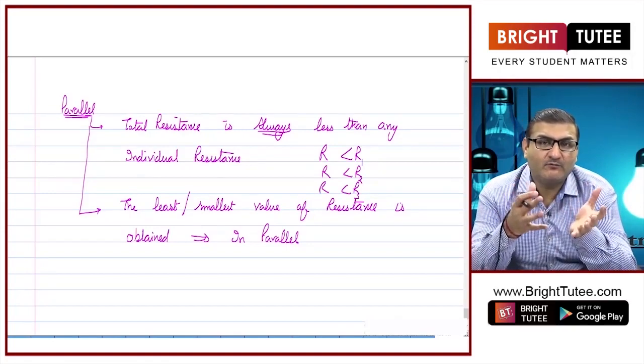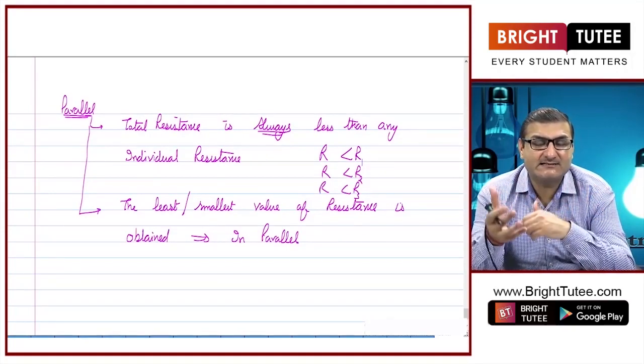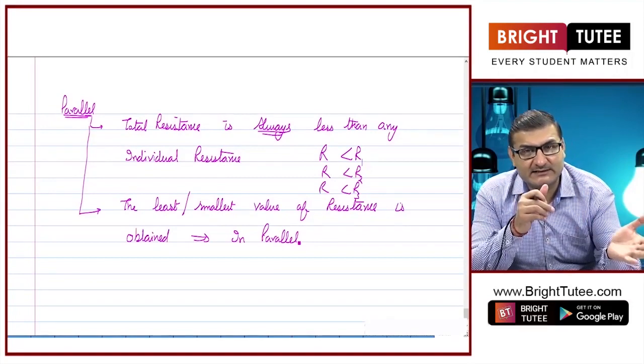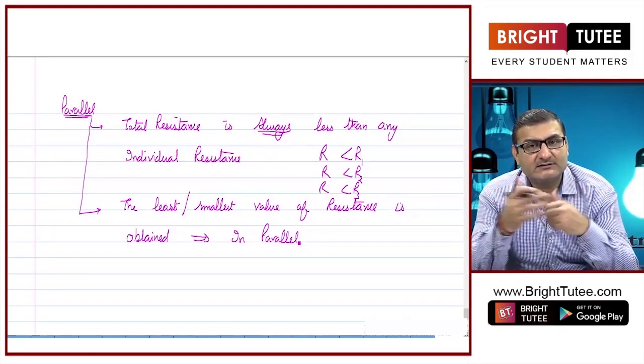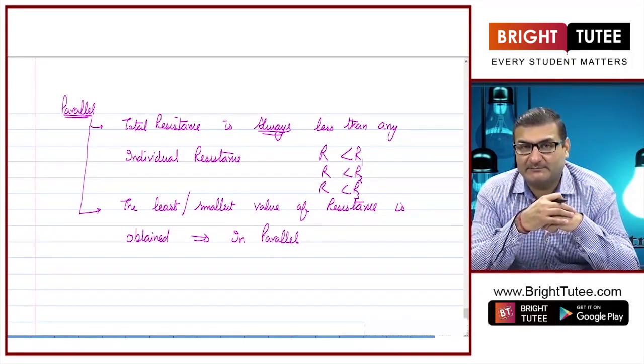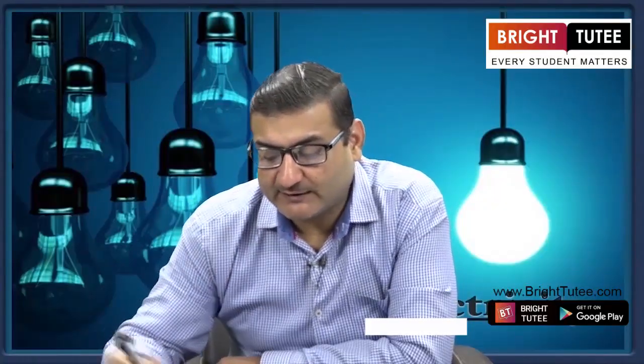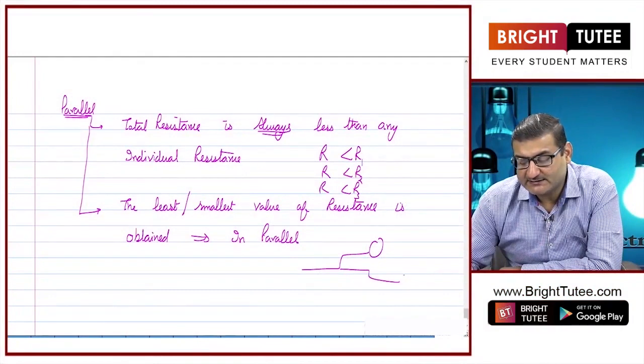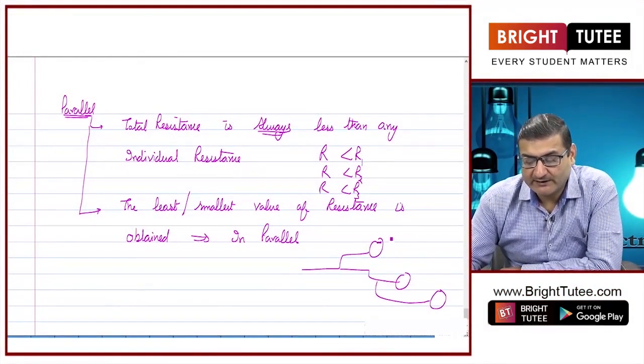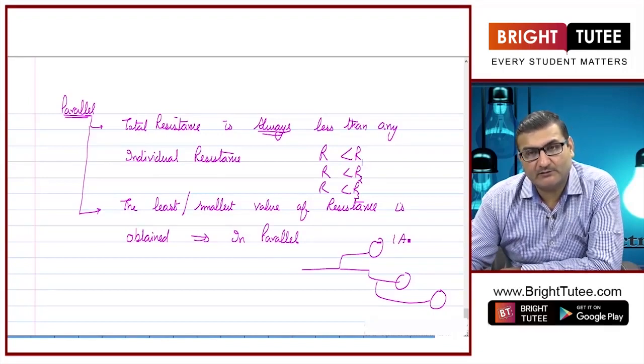Now, why do we want to combine these resistances, whether it is in series or in parallel? What is the need of it? Try to relate, please, right? So, for example, these are three different components. This is the first component, this is the second component, this is the third component. Now, this component requires a current of 1 ampere to operate.